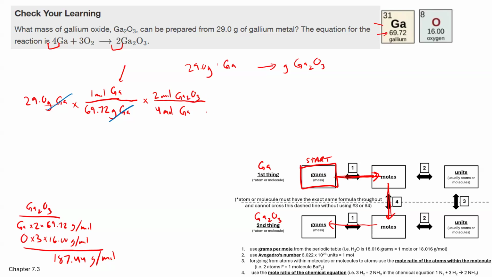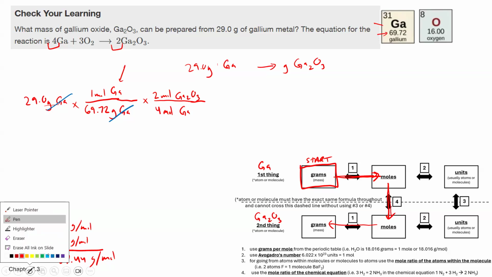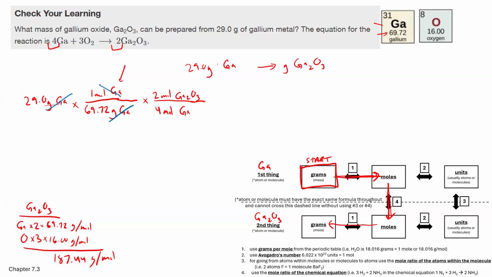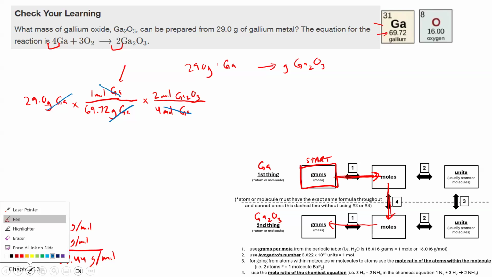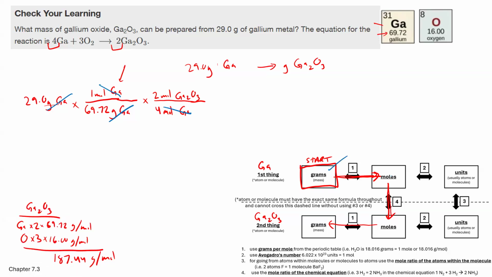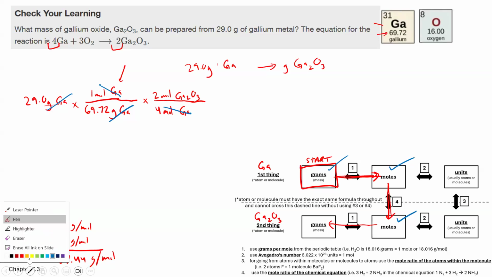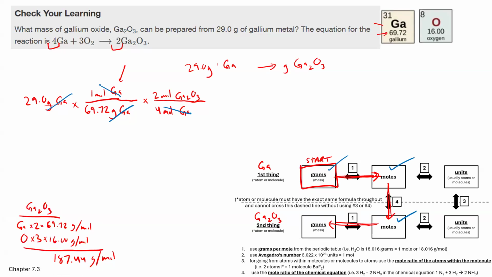This moles of gallium cancels out. Now we started here, we went here, and now we are here. Now we need to cross that arrow 1.